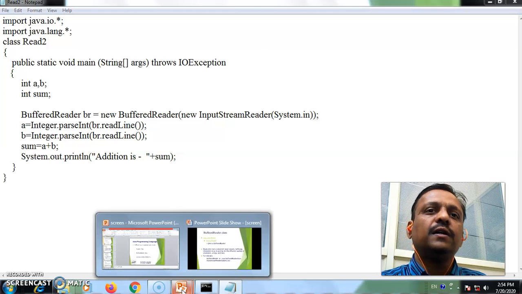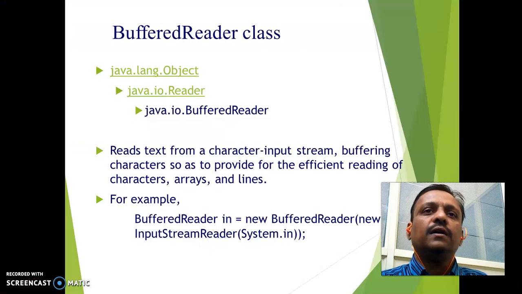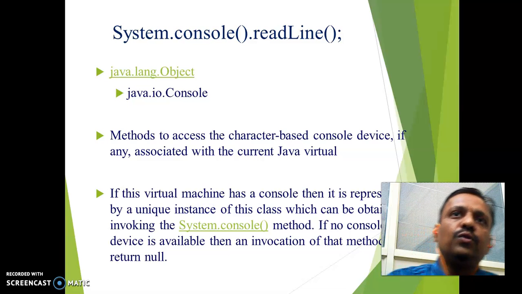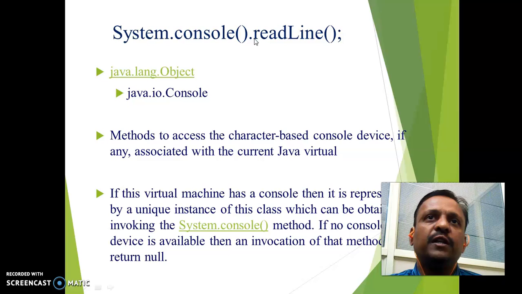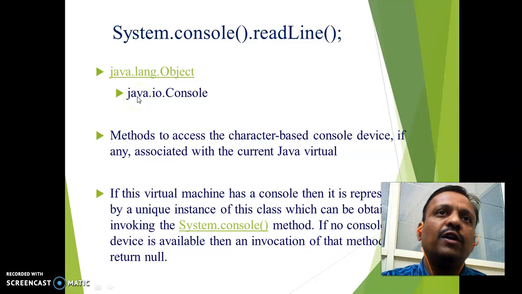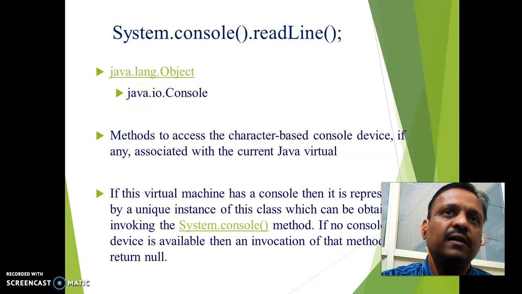So next is the third, that is System.console().readLine. Through that method, the readLine method from the console, you can take the input. So what is the hierarchy for that? That is java.lang having the Object class.